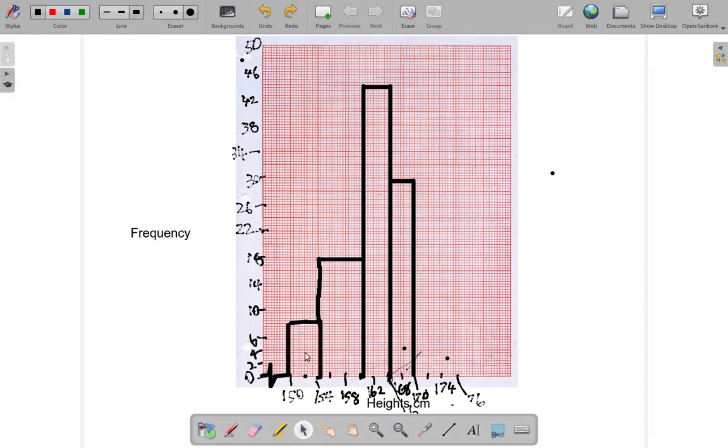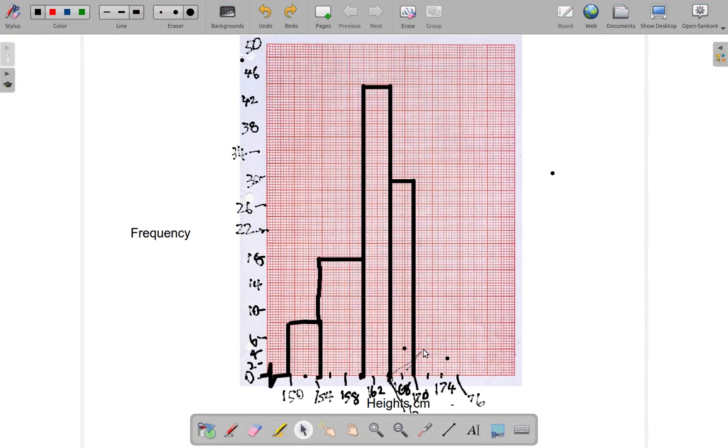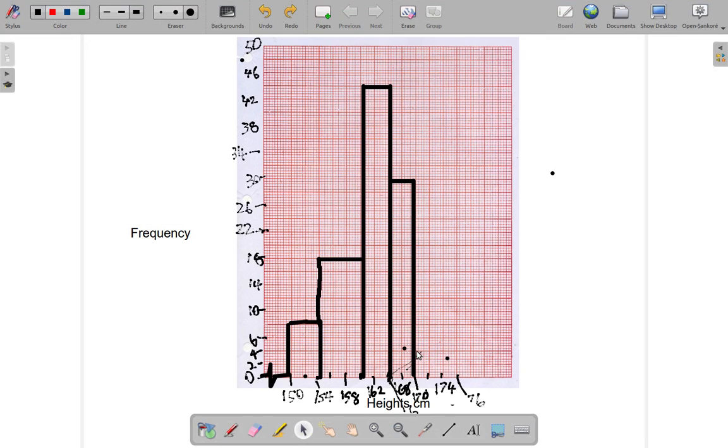So at a height of 4. Oh no. Yes, at a height of 4. 170 to 174, you go across, just to the right of 174, then you draw it down.